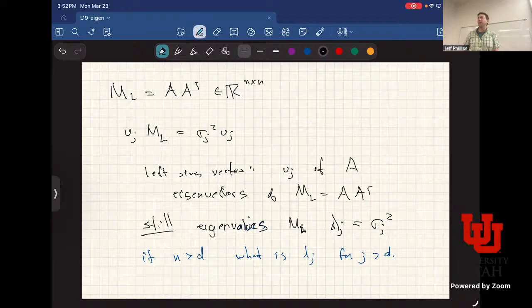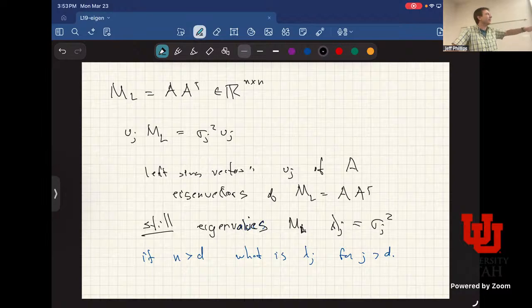How did this work? What happened here? So now I said these were still defined this way. What happened? The first eigenvalue is the same as the first singular value squared, right?